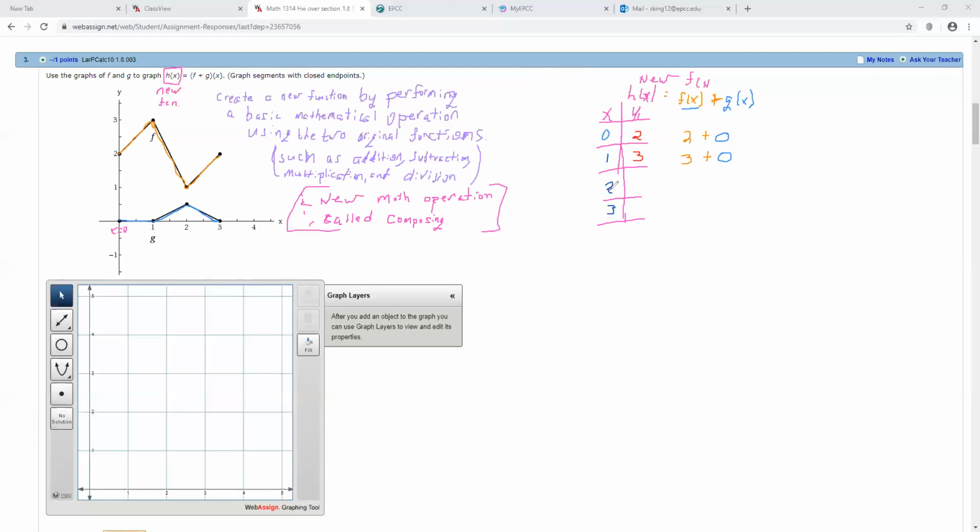Okay, Griselda, can you help us with the next one? What's going to be f of 2, the mapping at x equals 2 on the F graph? It would be 1. And the next one for G?